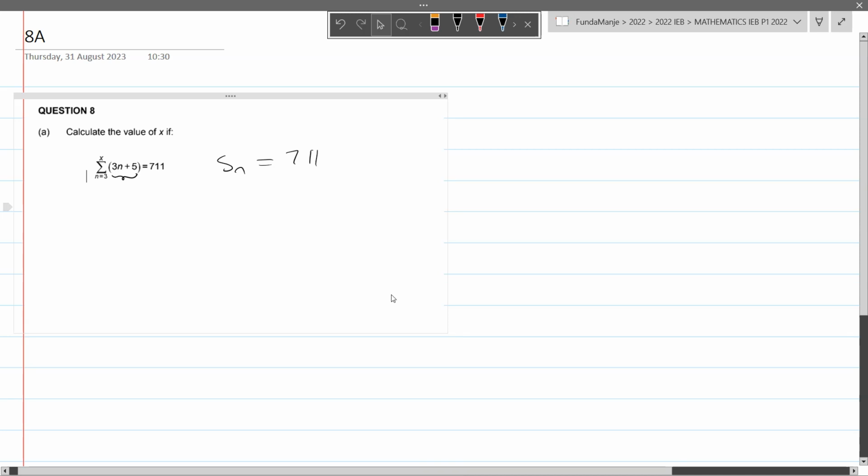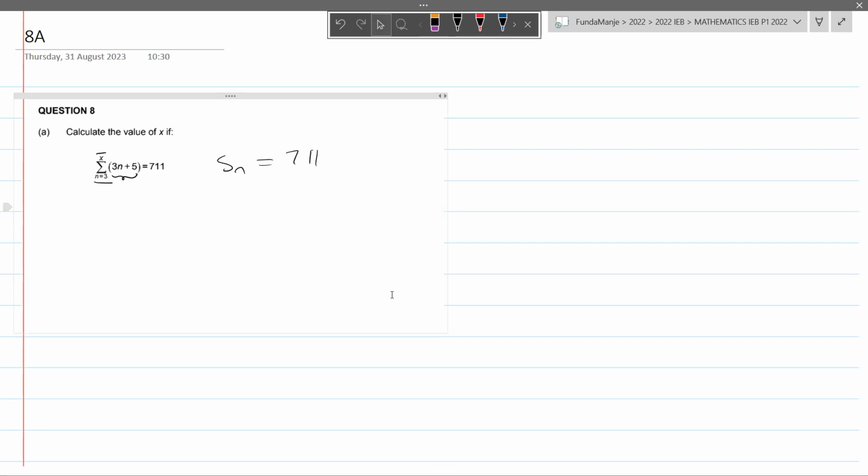If we read the sigma notation, it says the numbers from 3 up to a certain number x, we apply them to this rule and we sum them all together, we'll get 711. So we have to use formulas and the knowledge that we already know about sequences and series and try to compute what the value of this x might be.